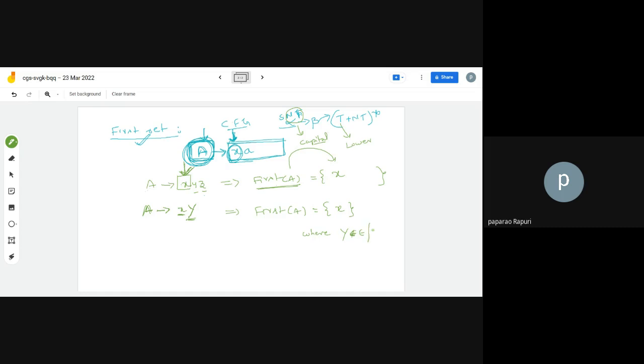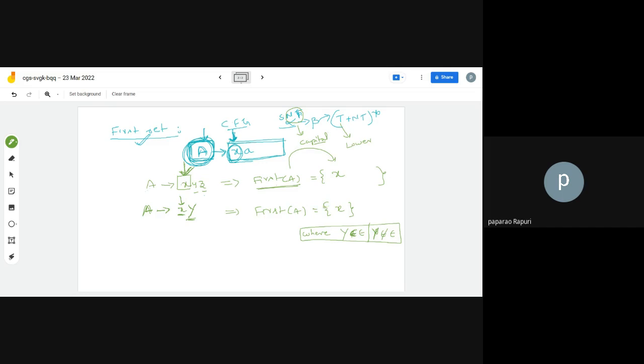That is not our task. This is not a mandatory criterion, sir, but just for clarity I am explaining this. Here the first position symbol is a terminal, so we need to add that terminal to the first set.